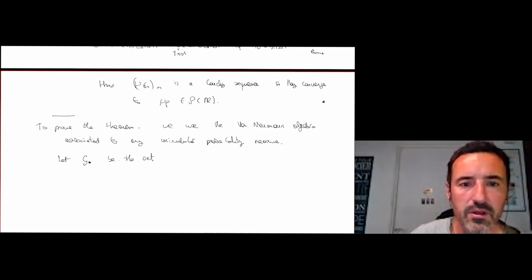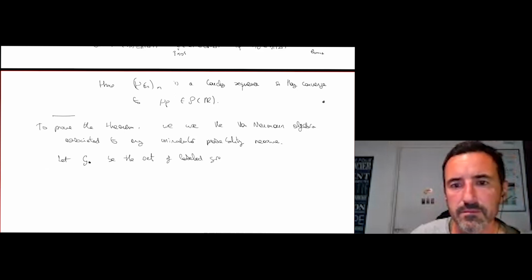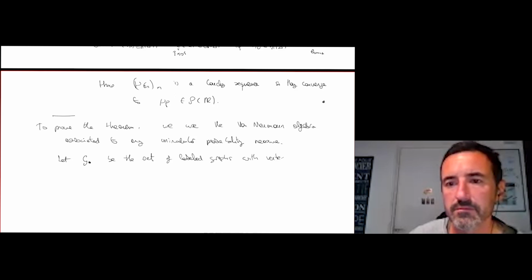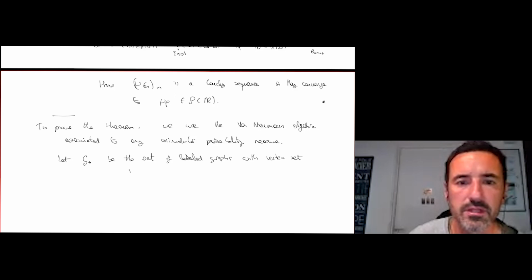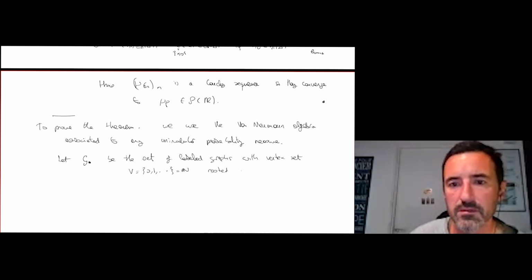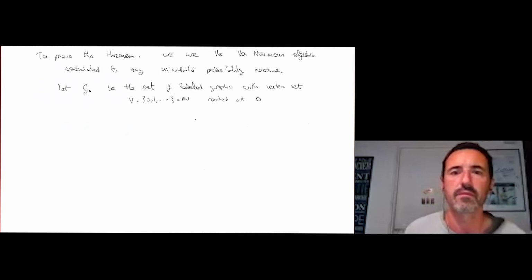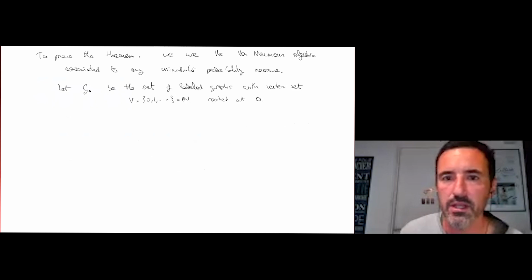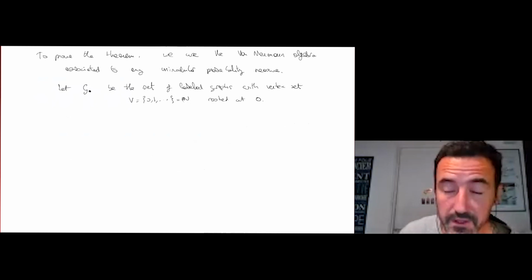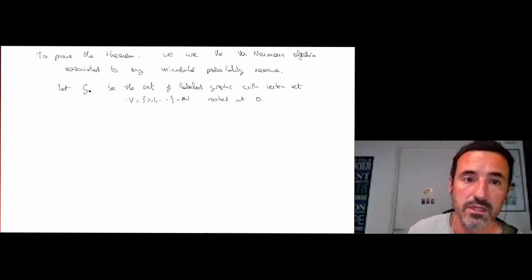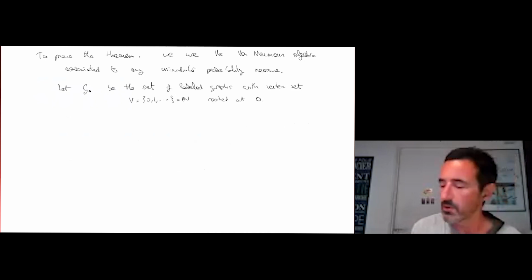Let G with a dot be the set of labeled graphs with vertex set V, which is the integers, rooted at 0. So I consider the set of graphs which have a countably infinite number of vertices, which are rooted at 0, and I denote this set by G bullet.